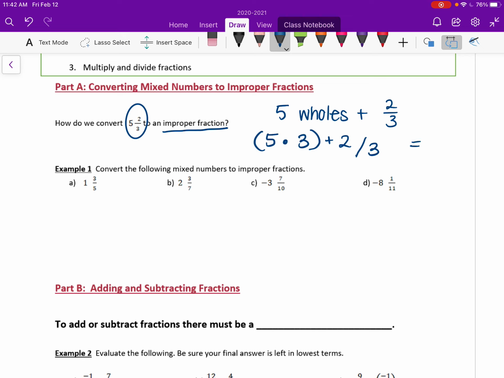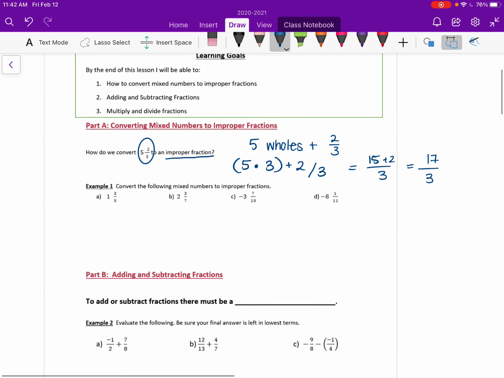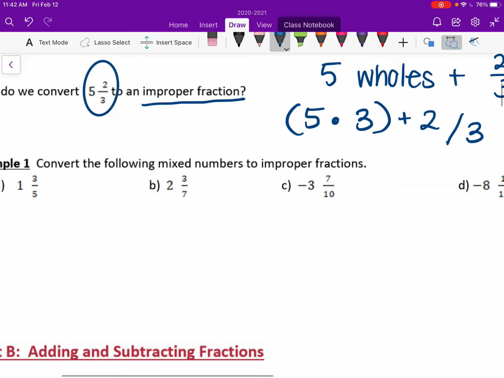So in this situation, you have 15 plus 2 divided by 3, and then you're going to be left with 17 over 3. Okay, so you're just going to take the whole number, multiply it by the bottom, and add the top number, add the numerator.